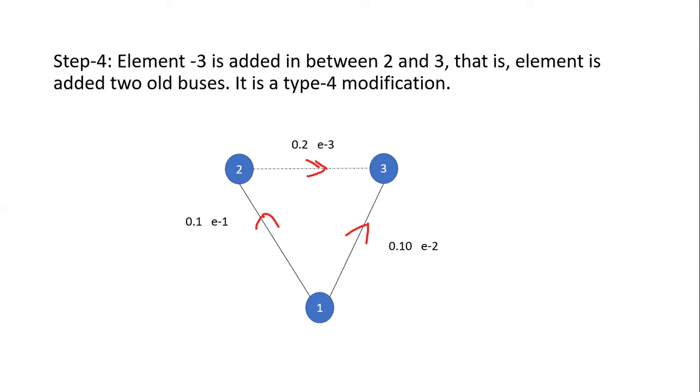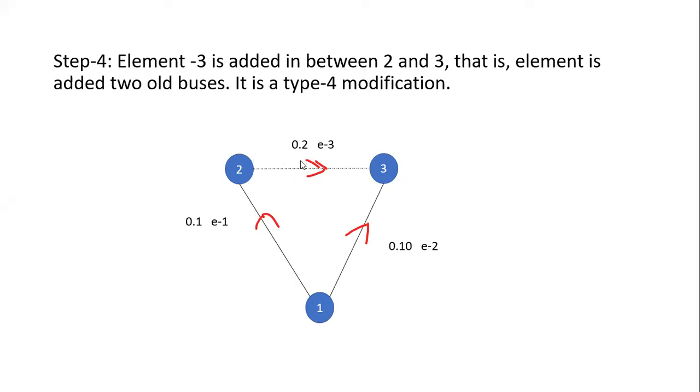Bus 2 already exists from step 2, and bus 3 also exists from step 3. Therefore, bus 2 and bus 3 are considered as the old buses.